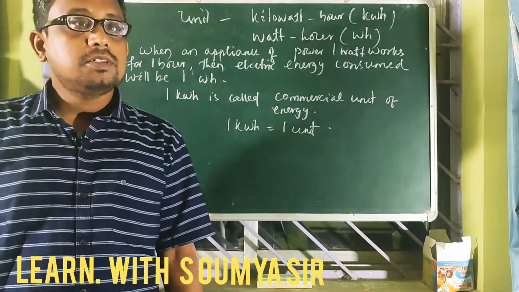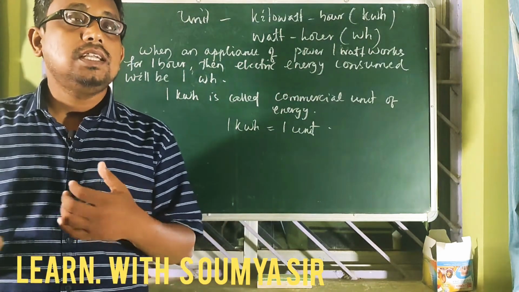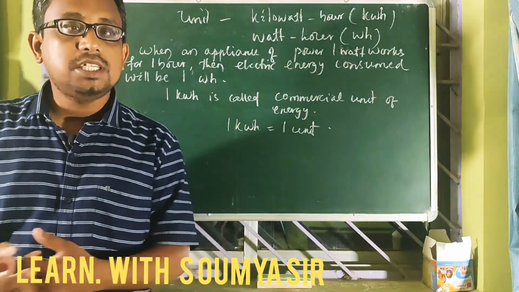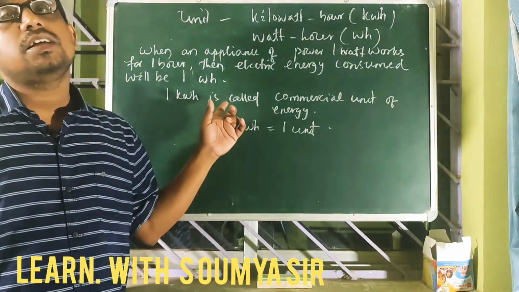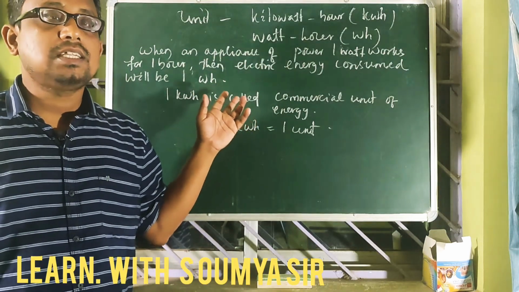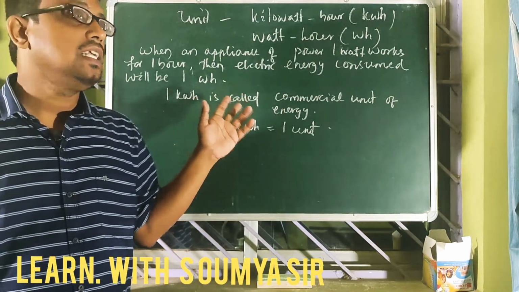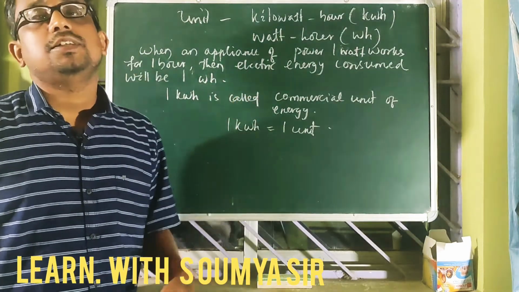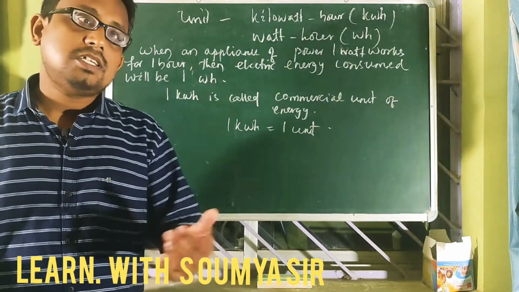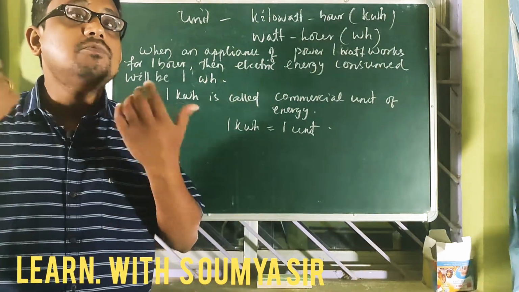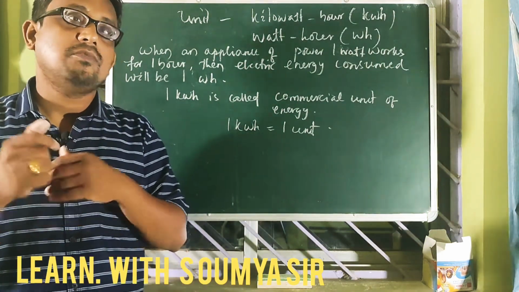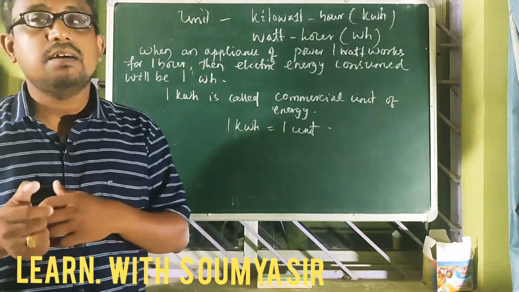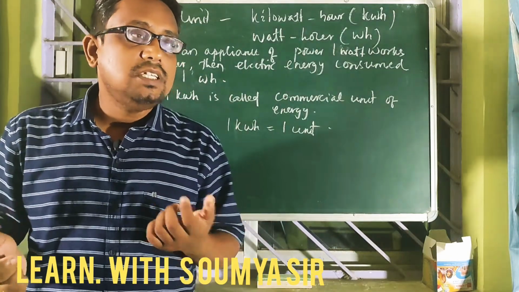In our house we are using a kilowatt hour meter or electric meter. It measures the electric energy in kilowatt hour units, and 1 kilowatt hour will be 1 unit. We just see what the reading of the electric meter is, how many units are consumed in 1 month.